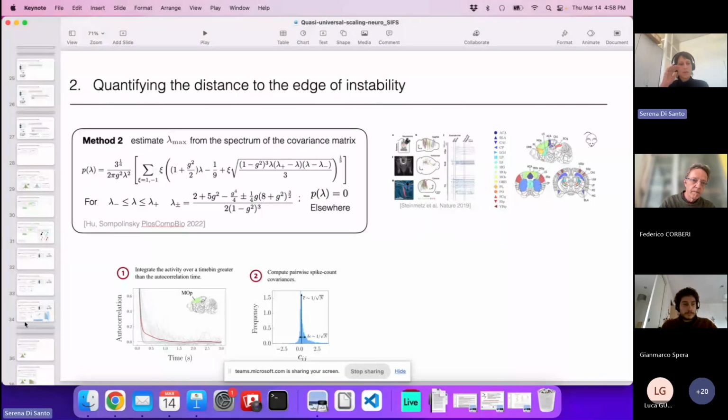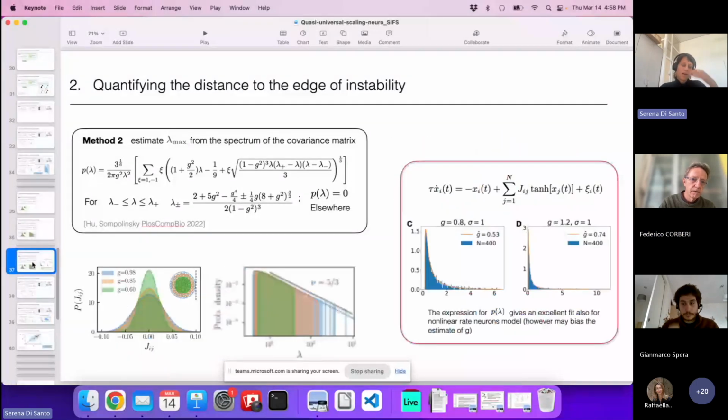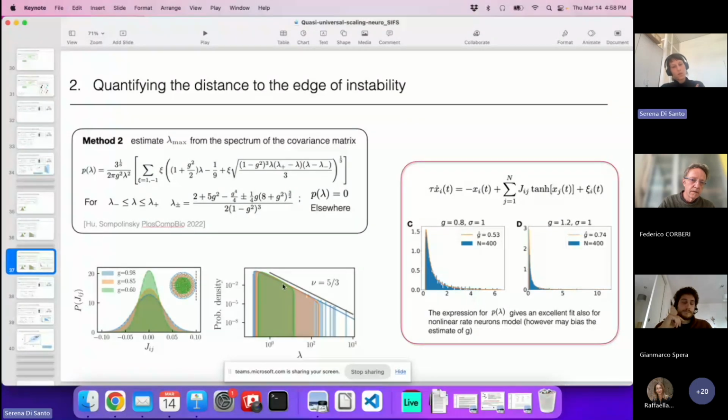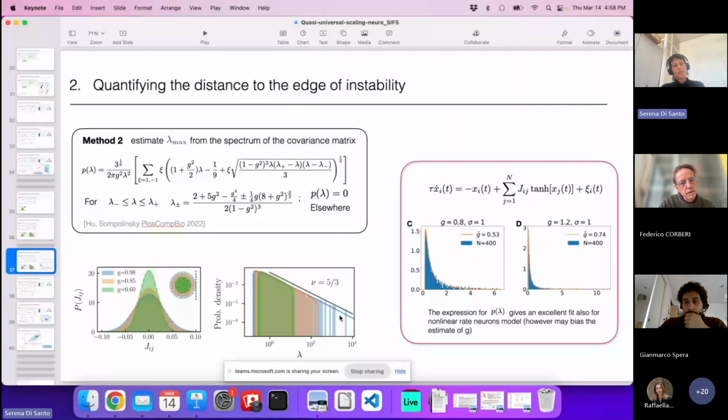So let me see if I understand. Maximal eigenvalue of the covariance matrix, right? Yeah. Okay. So, let's say one observation towards that. Of course, to estimate this tail, one always has these problems of sampling.